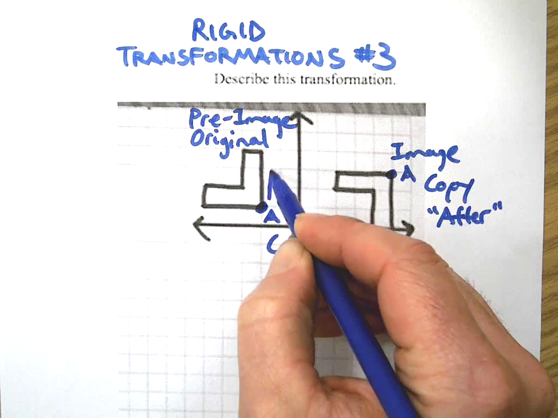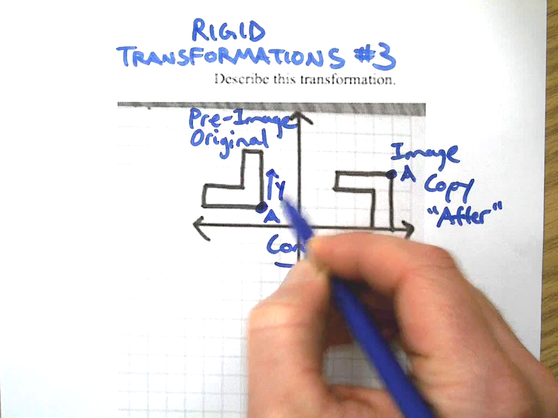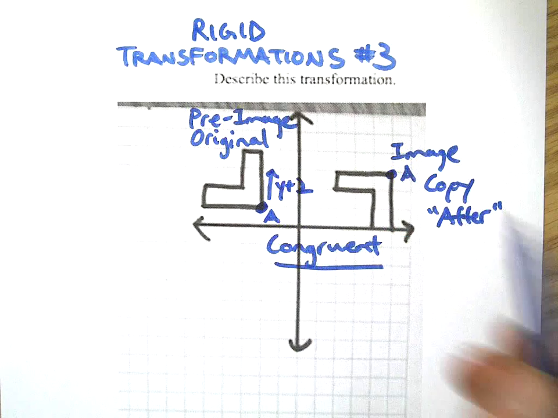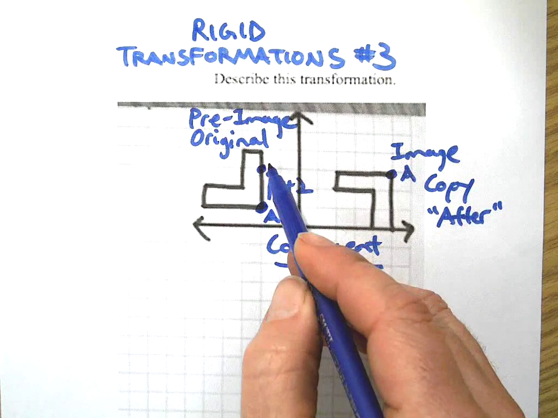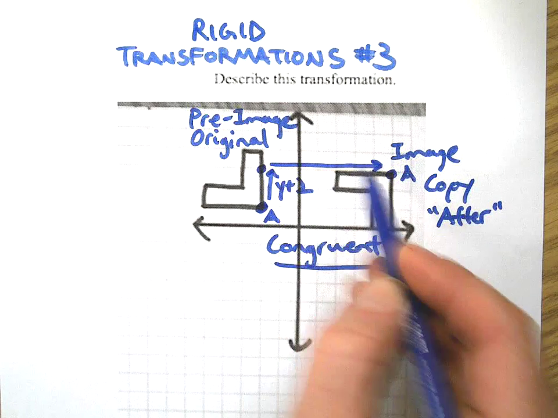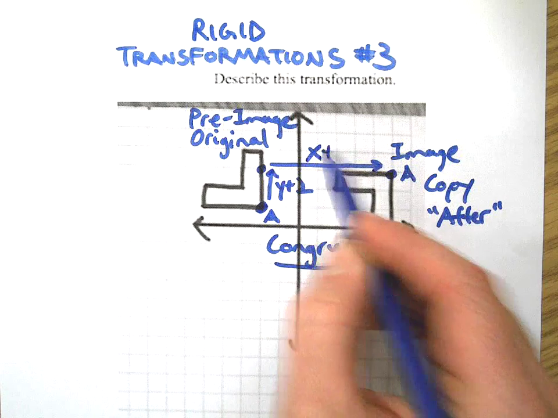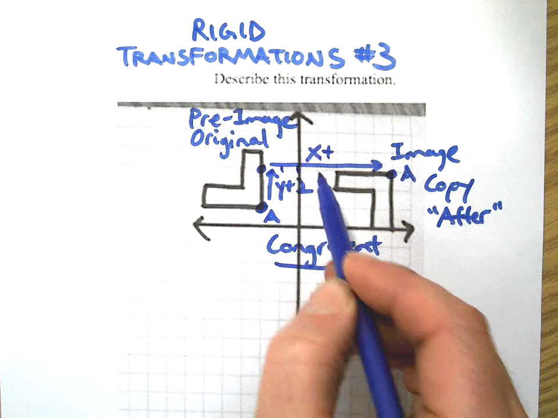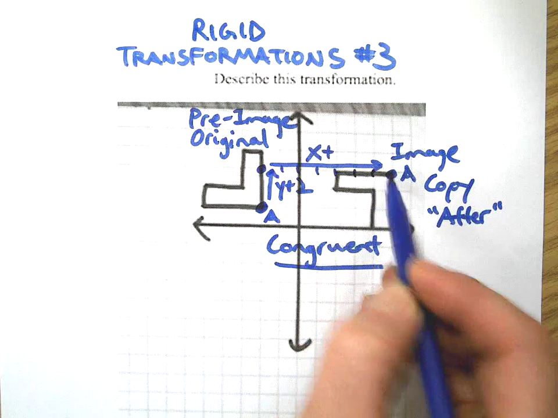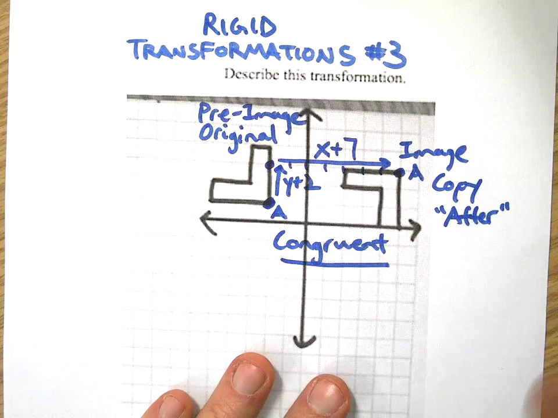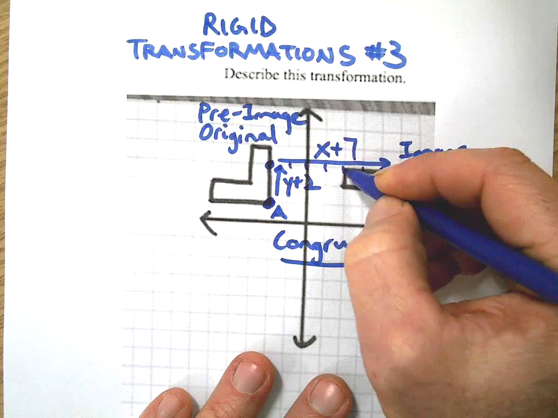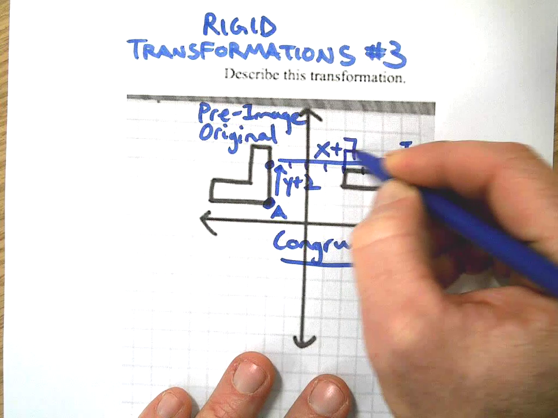See, I can go up 2, which is y plus 2, which would put it right there. And then I can go this way, which is x plus 1, 2, 3, 4, 5, 6, 7. Now, if I were to just do that, my shape would look like this.